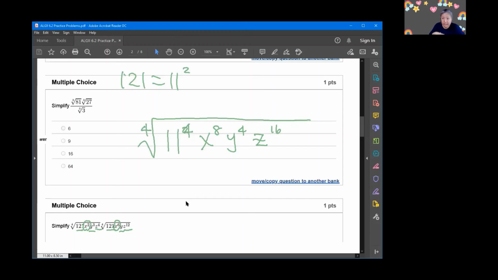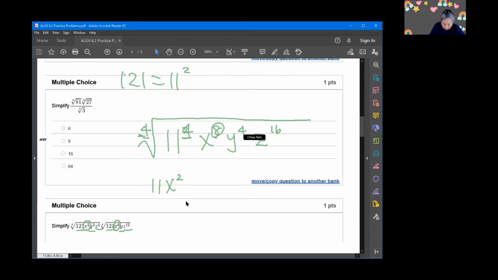Then let's see each factor, how they can come out or stay in the radical there. Now 11 can come out as just 11, right? And then x can come out as x squared because you can see this as 8 divided by 4, right?